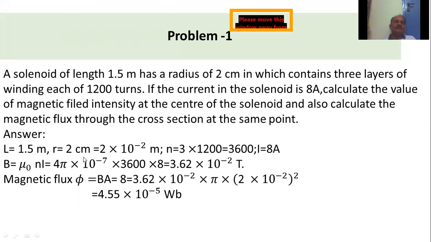So here L is given, R is given, and N is given, I is given. So B is given by mu naught nI, calculate B, and magnetic flux phi is always B into A. So B into A is calculated. So this is the flux flowing through this solenoid.